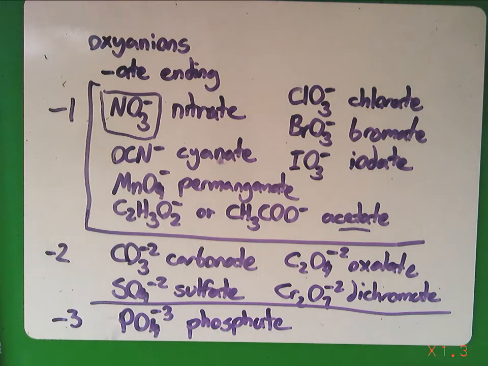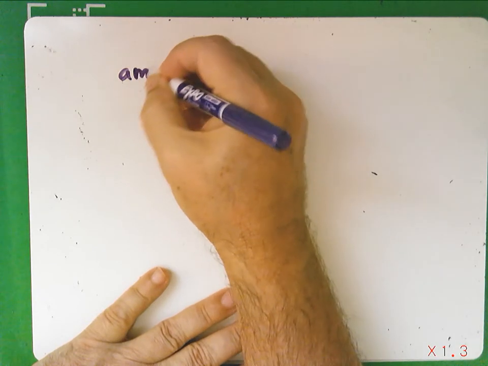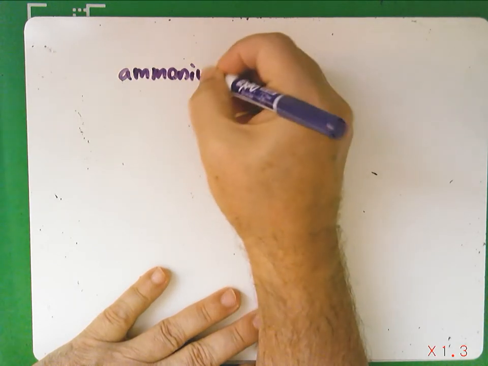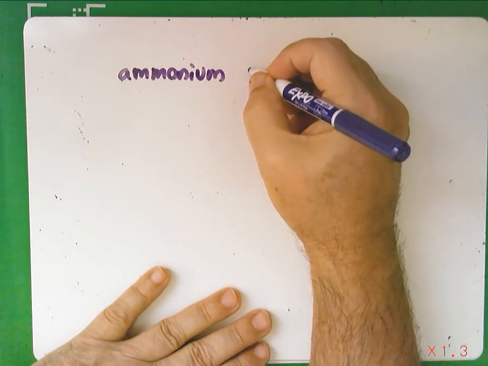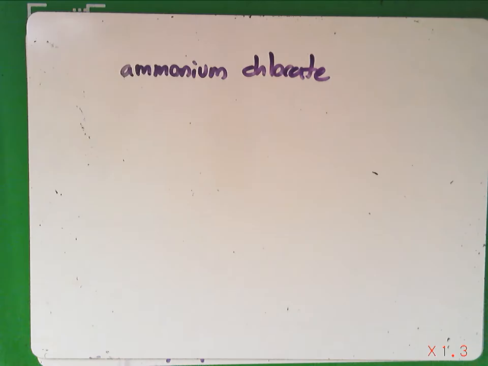Now let's play with them a little bit. Let's suppose that I give you the name of a compound. And I ask you, what's the formula? How do you do that?